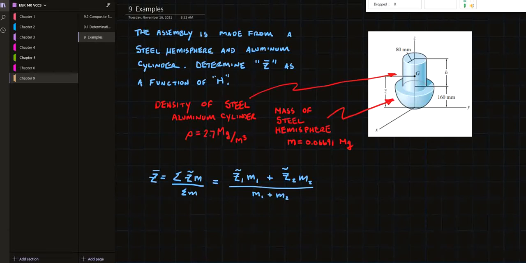And that's simply all we're going to do. So let us begin here then. So mass 1, let's call this our steel hemisphere, is 0.06691.